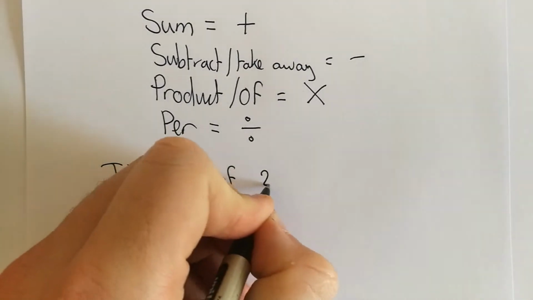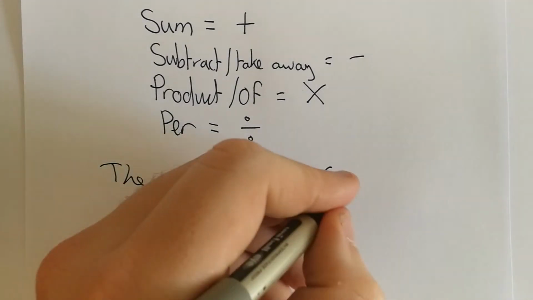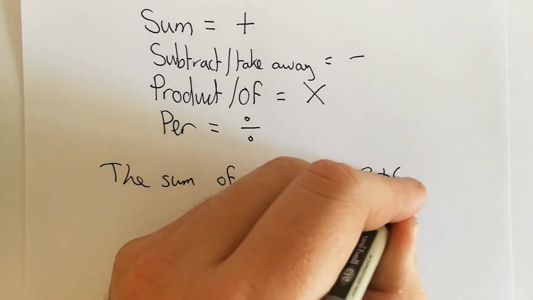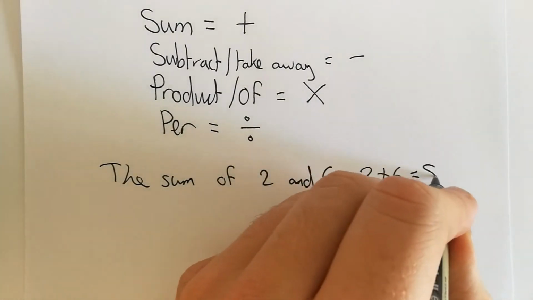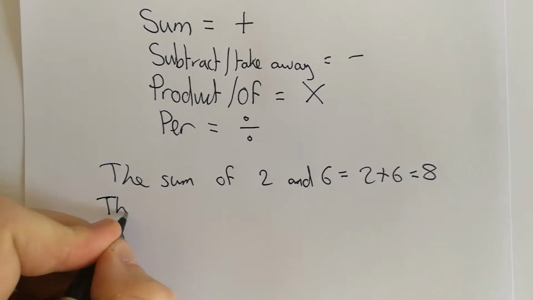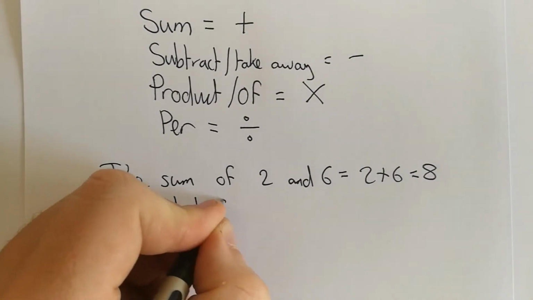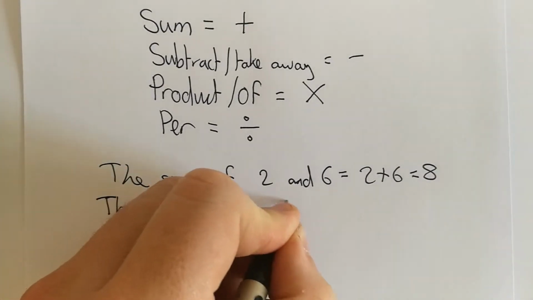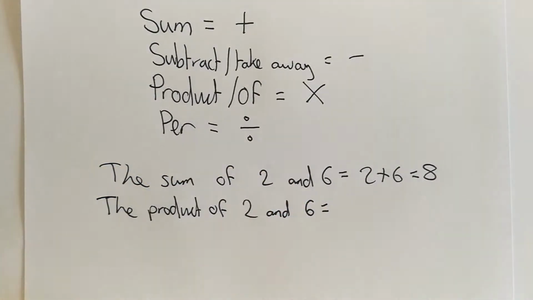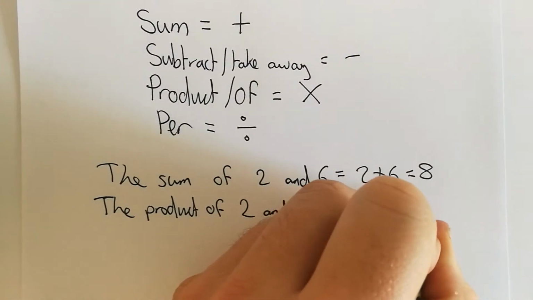So for example, if I have the sum of 2 and 6, well, that's just 2 plus 6, which is 8. But I could have the product of 2 and 6. Well, that means 2 times 6, which is 12.